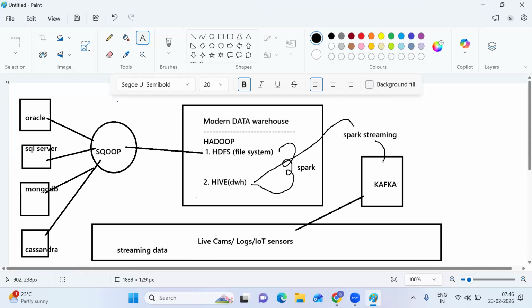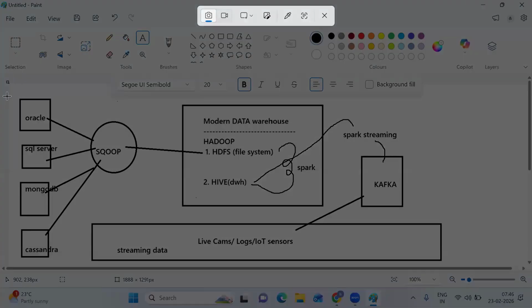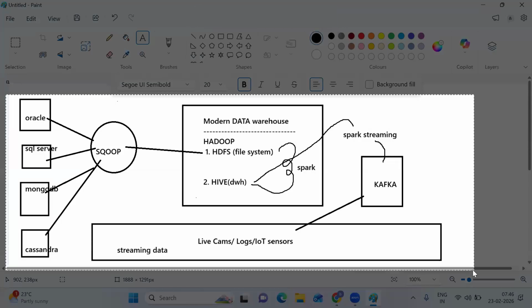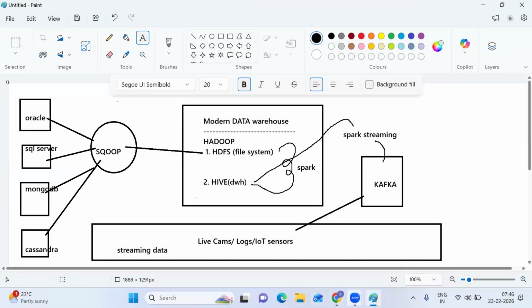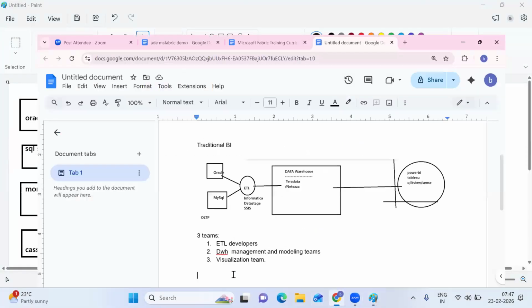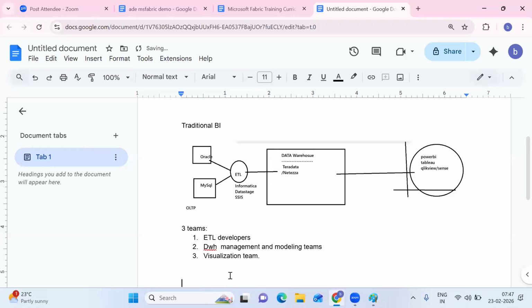So you can dump unstructured data, semi-structured data, anything. This kind of system came into the picture almost from 2011 onwards. Of course, even though it is open source, the infrastructure is very costly.